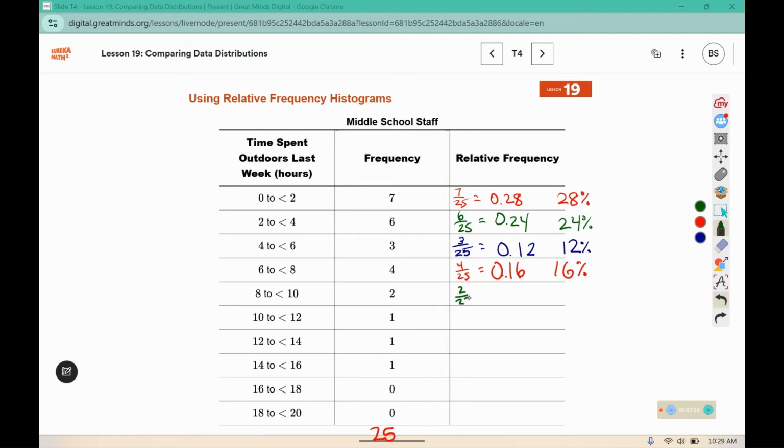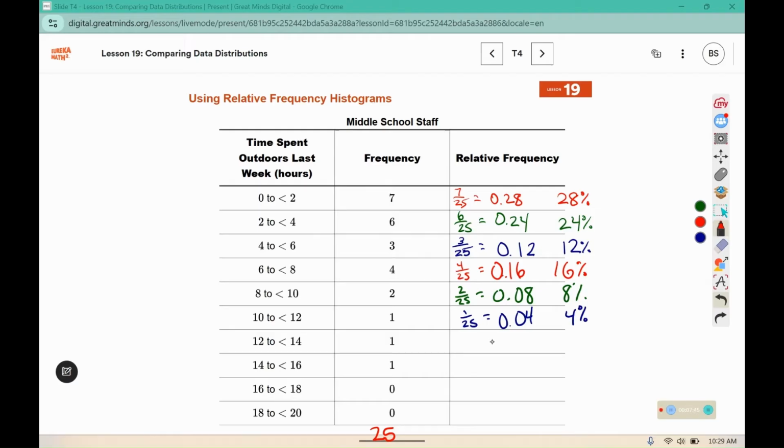Two out of 25 is 0.08, which is 8%. 1 out of 25 is 0.04 or 4%.